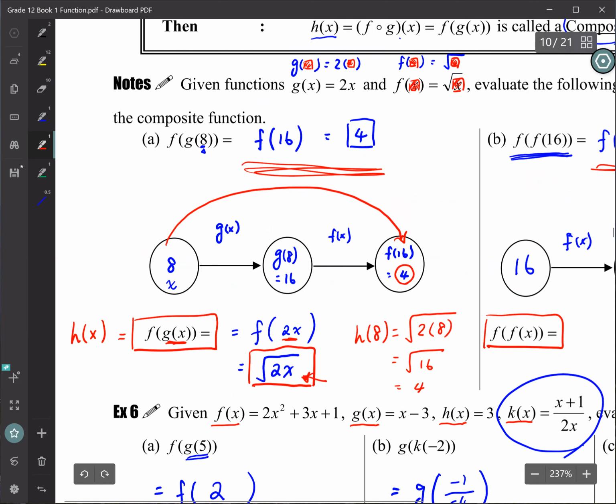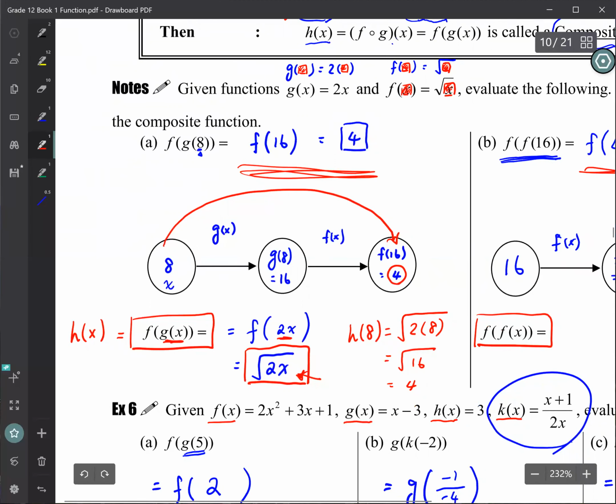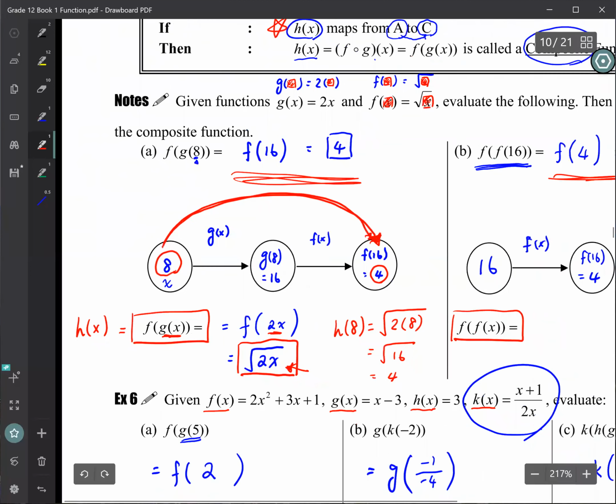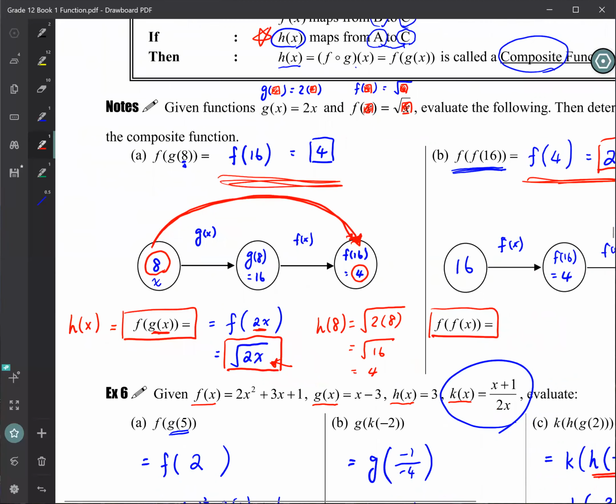Same as the 4 that we got. Okay, so what we are trying to do is to find a new function that can take the original number, go directly to the final, right? So that's the purpose of getting the composite function.